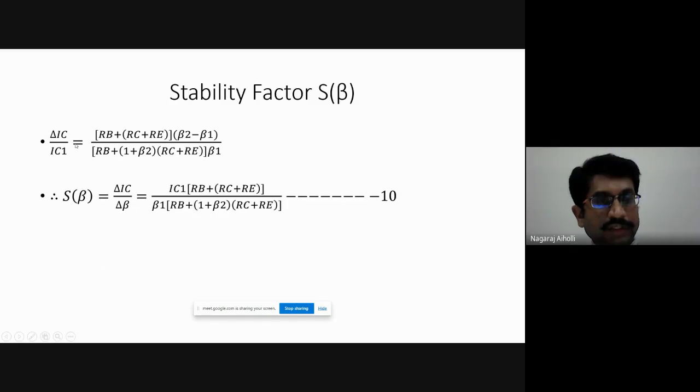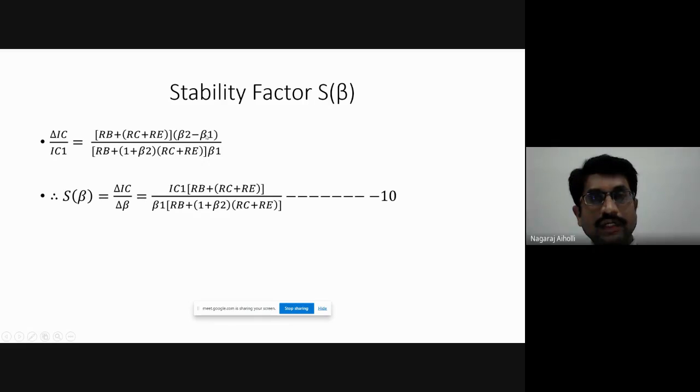Now we want the equation in the form of delta IC by delta beta, which is S of beta. Beta 2 minus beta 1 is a small change in current gain, that is delta beta. If you take this delta beta to the LHS, it comes to the denominator, so delta IC by delta beta is equal to this IC1.